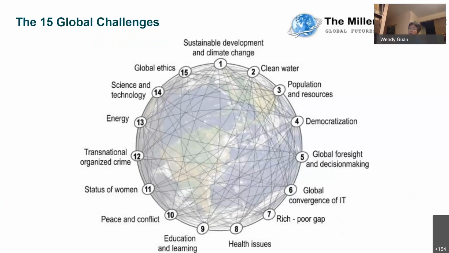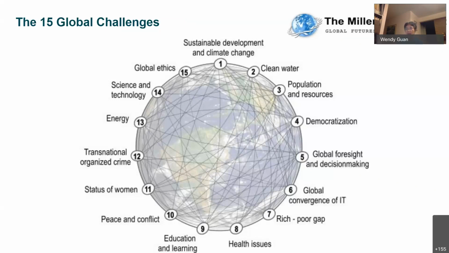If you look at the Millennium Project, which published a white paper on the 15 global challenges in the 21st century, just about every one of them involves a spatial component, right? Sustainable development, climate change, clean water, food, health, of course, we're in the middle of a pandemic, right?